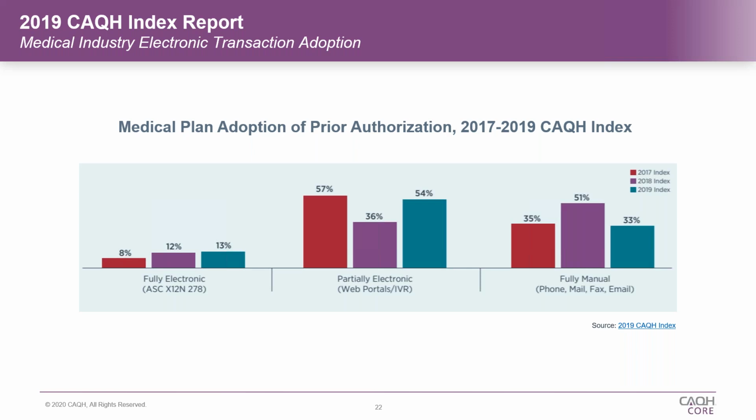In the most recent CAQH Index report from 2019, we tracked that only 13% of prior authorization transactions are done electronically using the HIPAA standard, and the vast majority of the others are done either through web portals or through mail, fax, phone, and email. So there really is a need in the industry to find ways to encourage more electronic adoption of this transaction to reduce provider burden. You can go to the next slide.